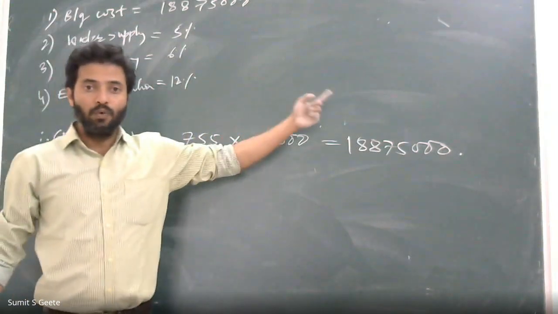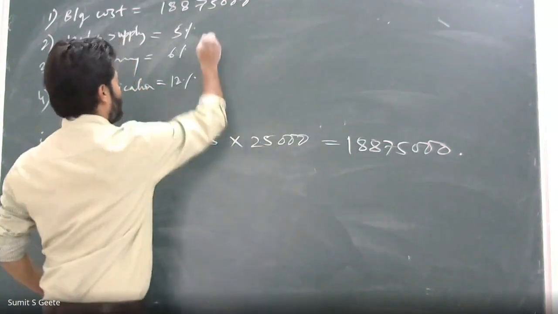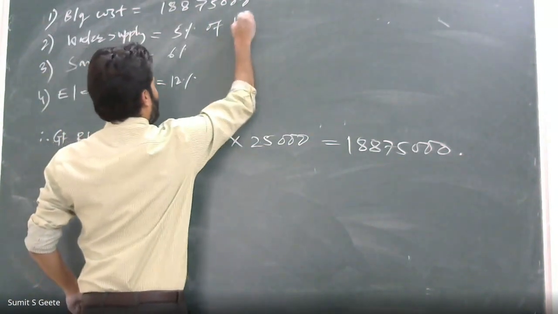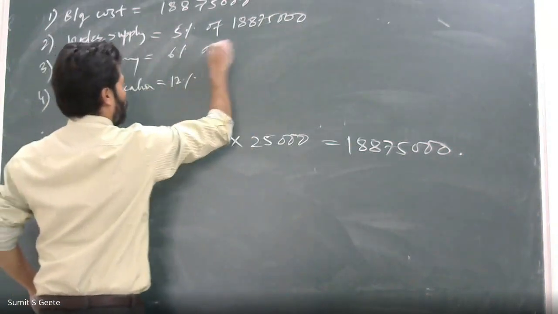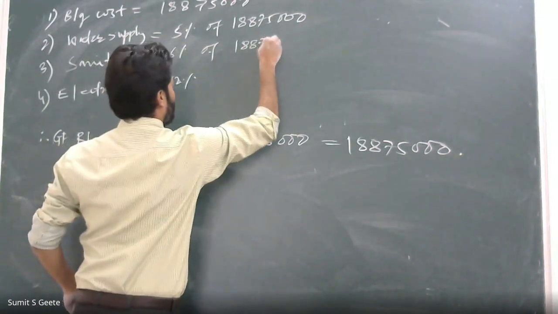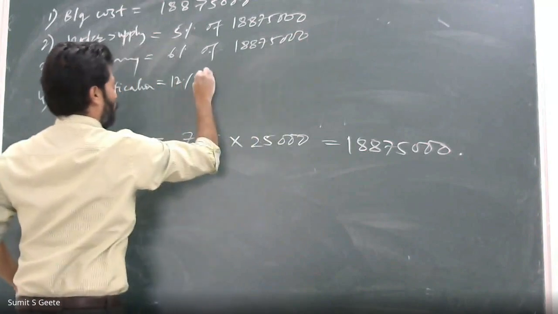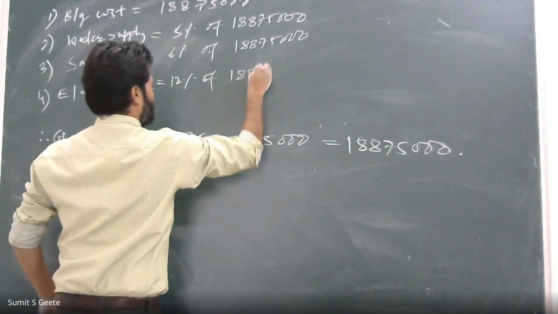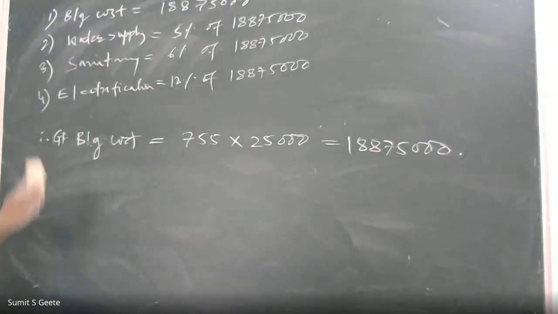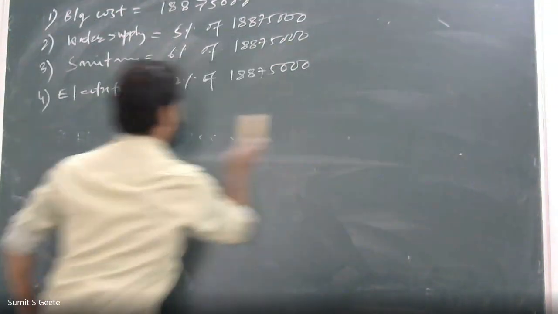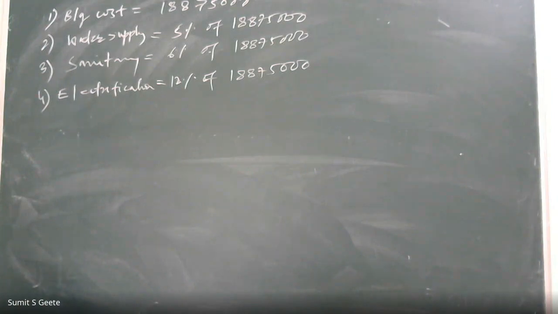But with respect to what? With respect to the building cost of 18875. Right?